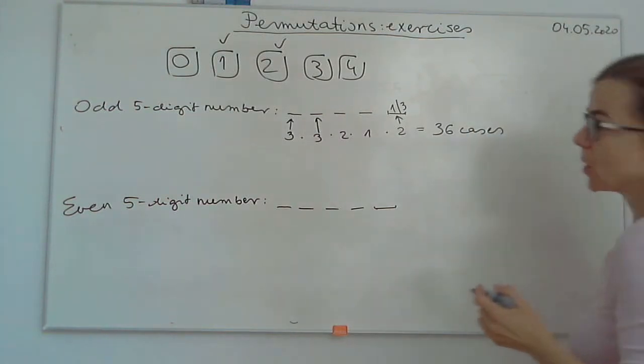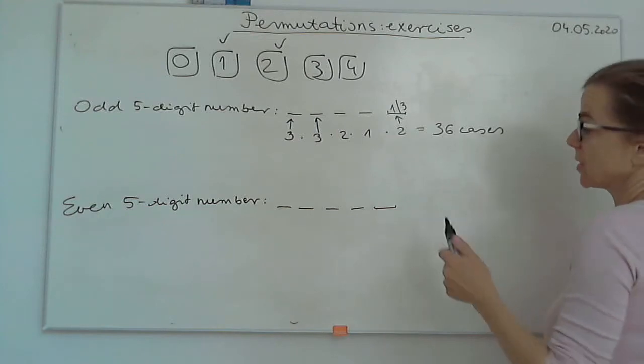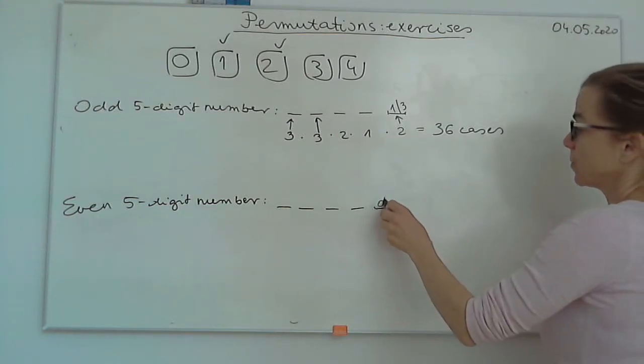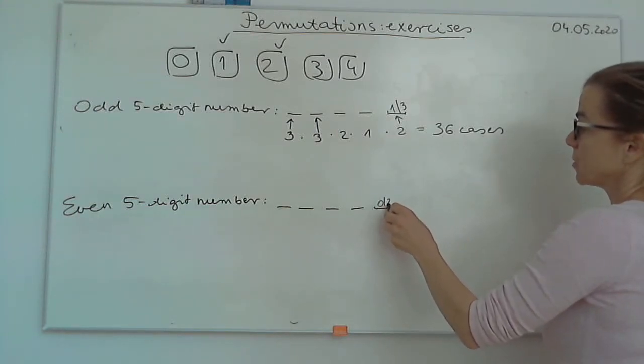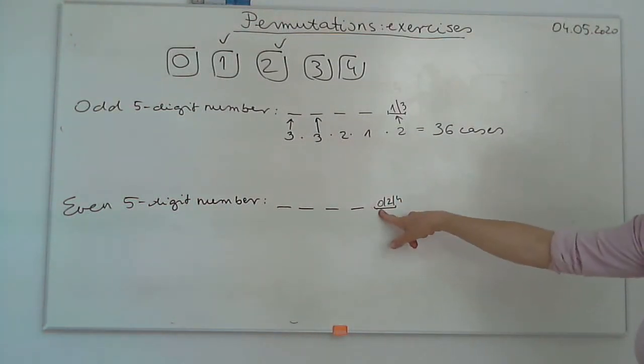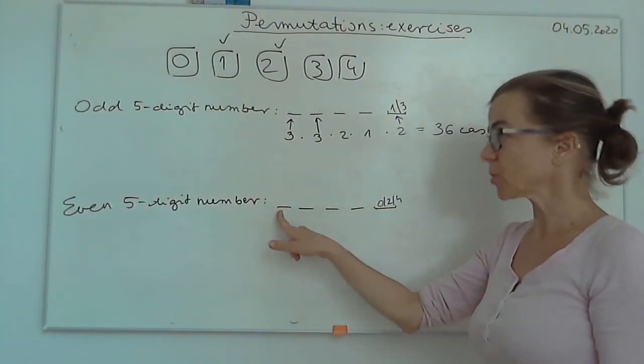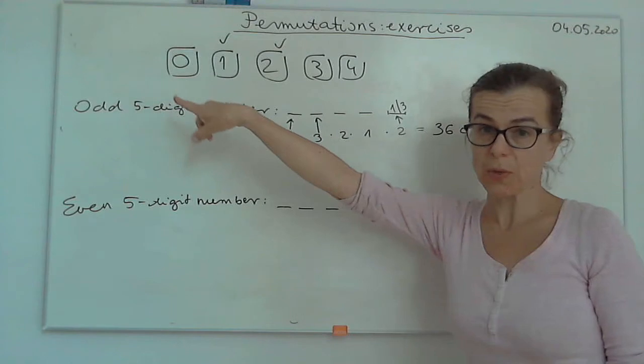Yeah? Okay, let's see even numbers. Let's try to start the story again the same way. I can put here 2 or 0 or 4. Familiar problem. If 0 is here, then I don't have to consider whether it goes into the first place, because every card is used only once.